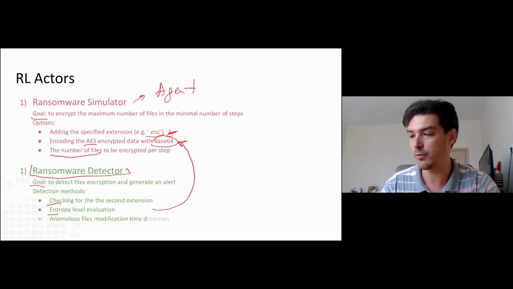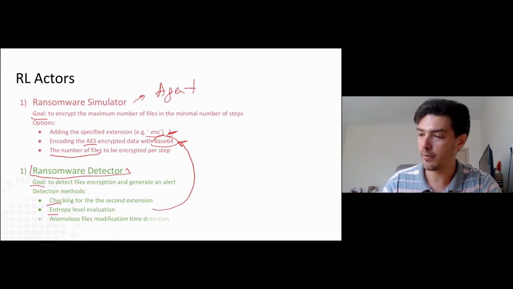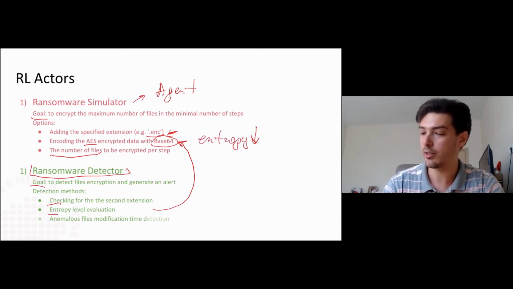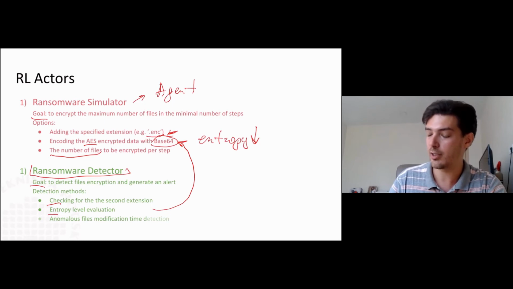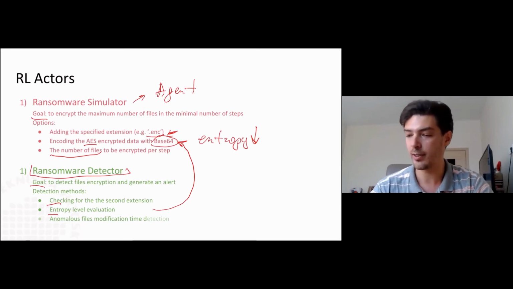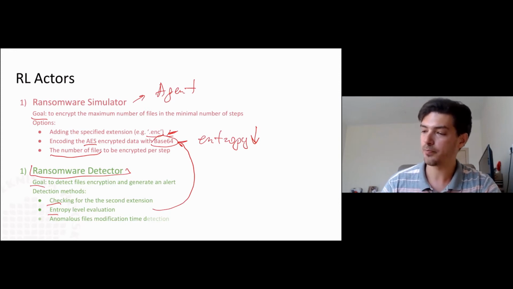If we use base64 encoding, it affects entropy, which goes down, and this makes the encryption undetectable. And the third option of the ransomware detector is detecting anomalous file modification timestamps. This is what you saw in the ransomware simulator demo.